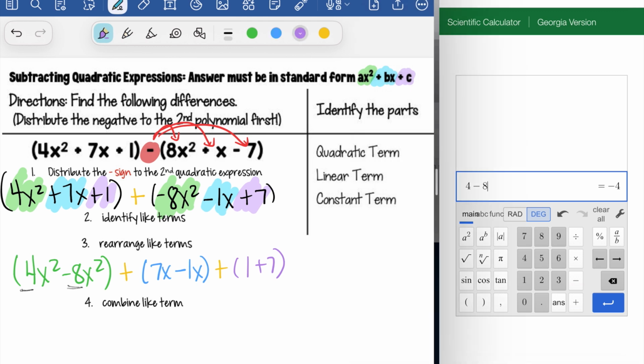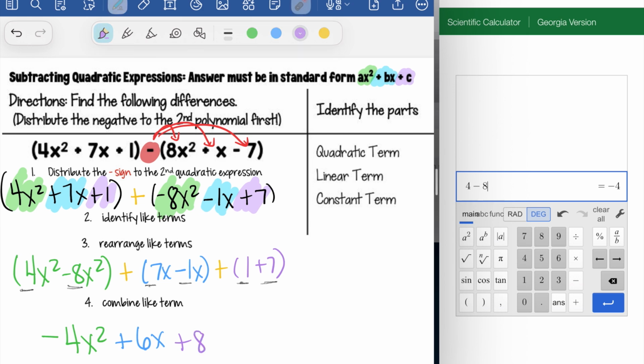So 4x squared minus 8x squared is negative 4x squared. Plus my coefficients for my linear terms, which will be plus 7 minus 1, which will give me a positive 6x, plus my constant terms, which will be plus 1 and plus 7, which will give me plus 8.